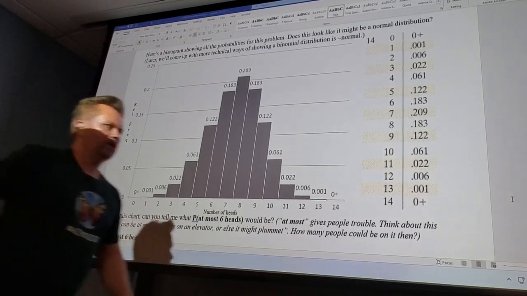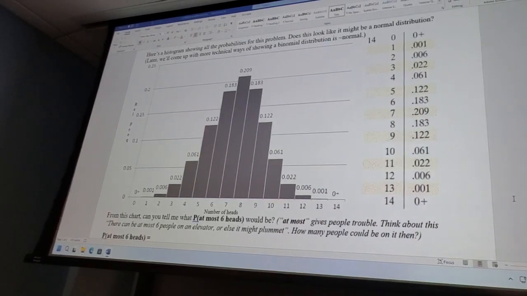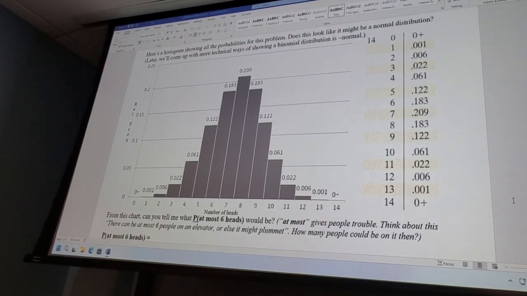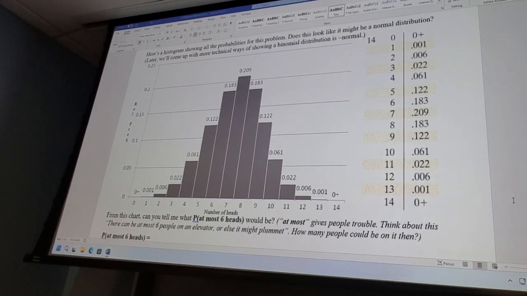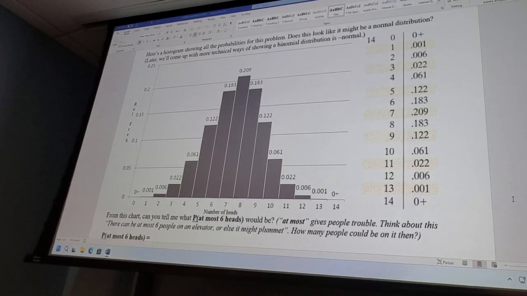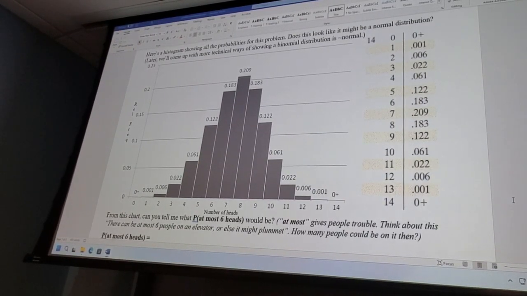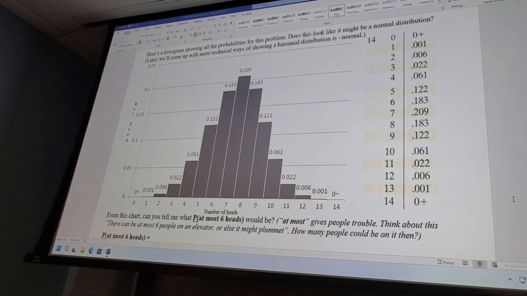So real quick, what if instead, let me see if I can do this here. I just need paper. There we go. Paper.